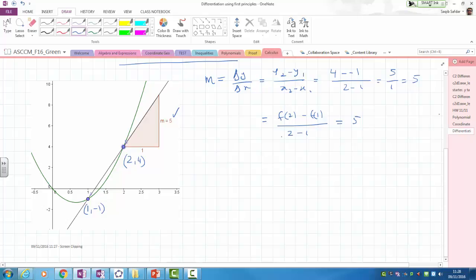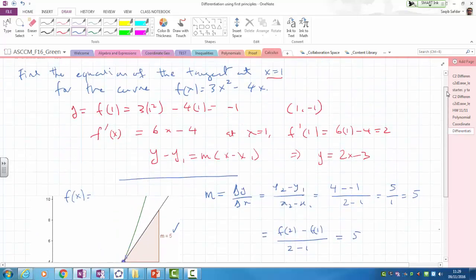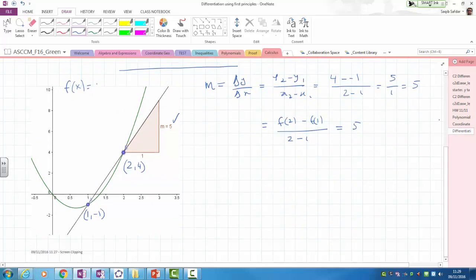When I put x equals 2 into my function f(x), f(x) equals, what was it, 3x squared, take away 4x.